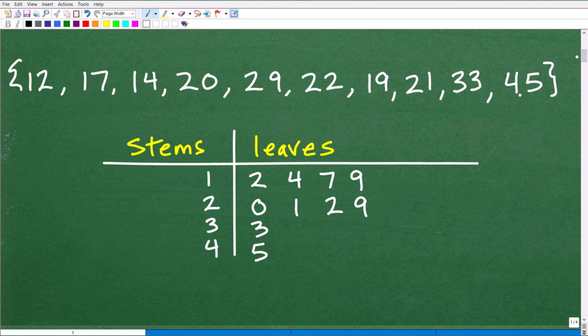So let's suppose you were given some sort of set of data, and here is a group of data. This could be anything. This could be maybe people's age. This can be maybe dollars. This could be maybe weight in pounds. Doesn't make a difference. It's just some sort of set of data.